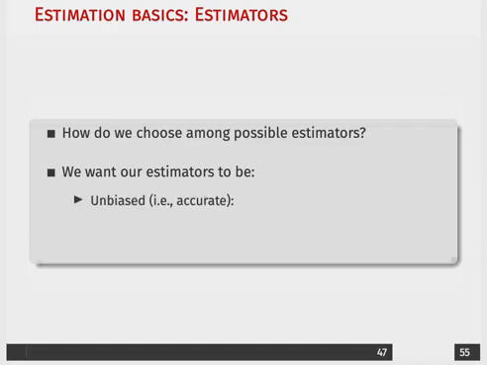But regardless of what our estimator is, we generally want that to be unbiased in the sense that it's accurate. So if we have some expectation or the actual mean of what that population parameter is, we want that to be equal to mu, right? Like we want our prediction to equal the actual thing that it's supposed to be measuring with repeated sampling.